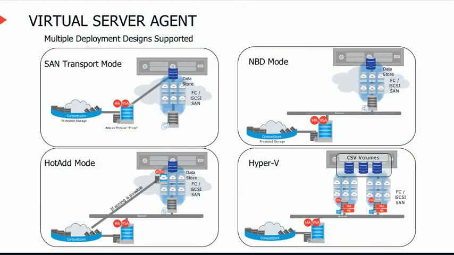Depending on customers' requirements, there are multiple designs which the virtual server agent may operate under. With VMware, the virtual server agent cannot be installed on the physical ESX servers.